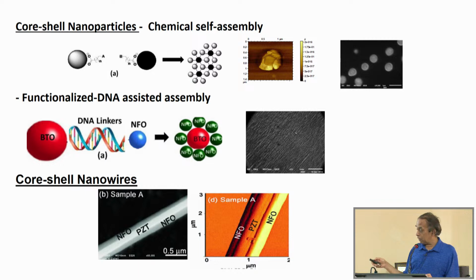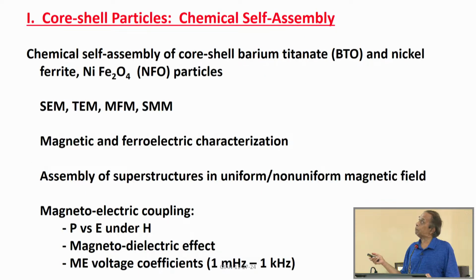So fibers, we already talked about. For the chemical self-assembly, we used particles of barium titanate and nickel ferrite, and they were assembled and characterized by a variety of imaging techniques, including transmission electron microscope, scanning electron microscope, and also various scanning probe microscopy, including AFM, MFM, and SMM.